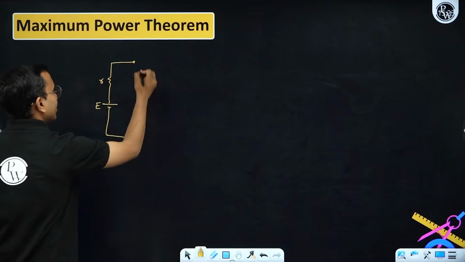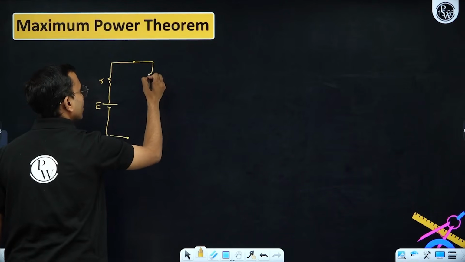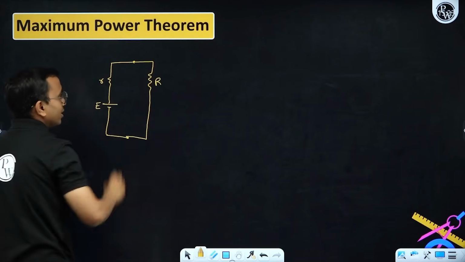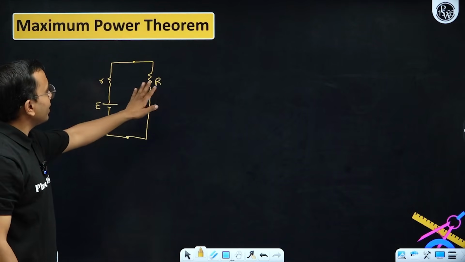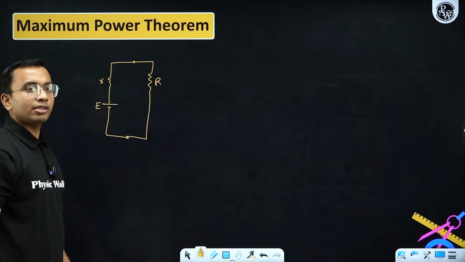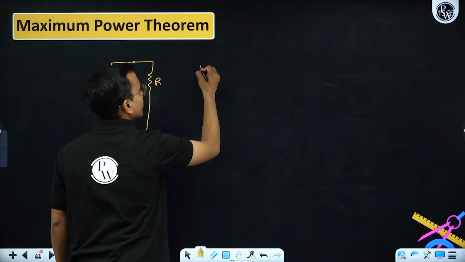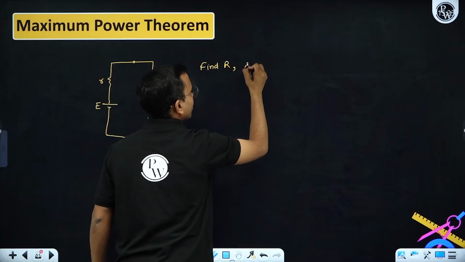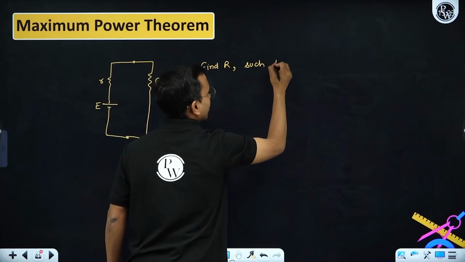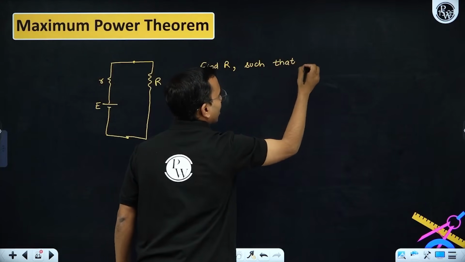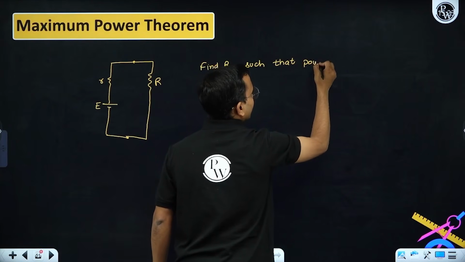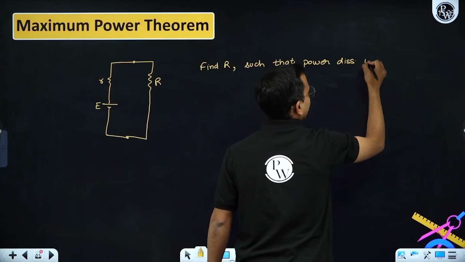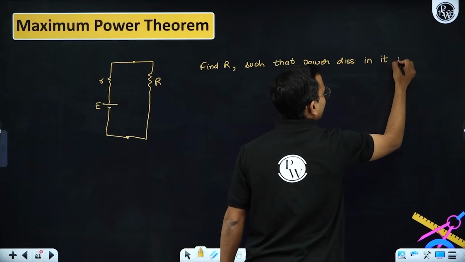Now I am connecting a resistance R, and it is asked: find R such that the power dissipated in it is maximum.